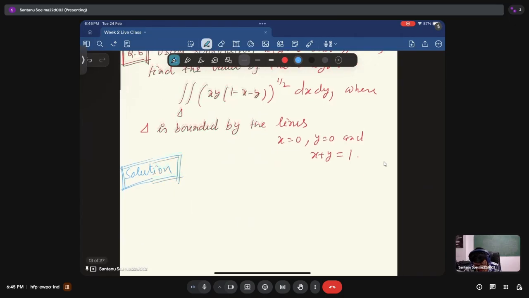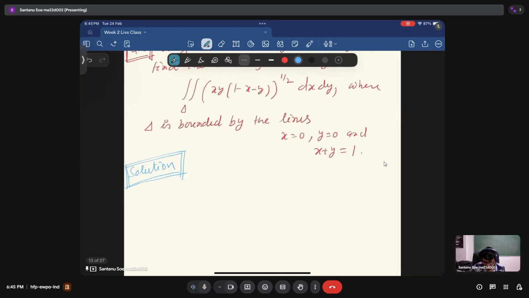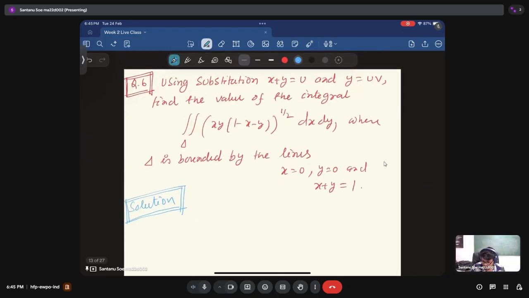I think this is a good question, and this is a lengthy question as well. So I will try to see how it goes. The first and foremost task is to draw the region delta.